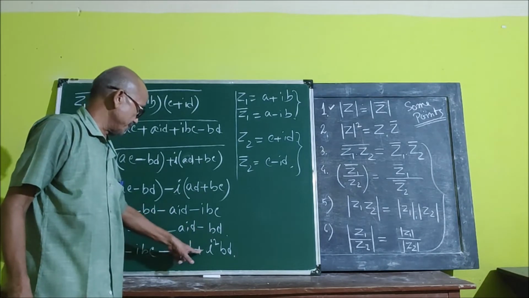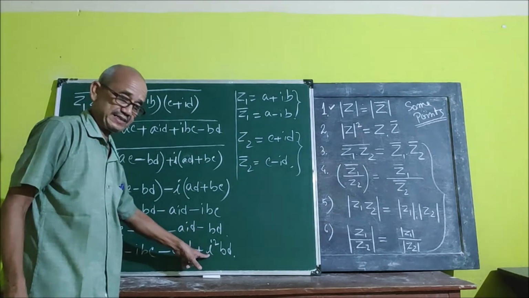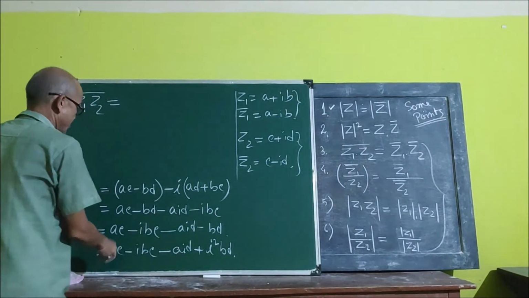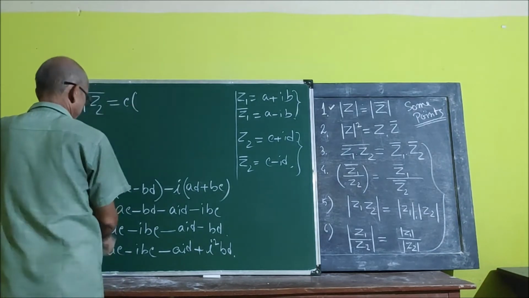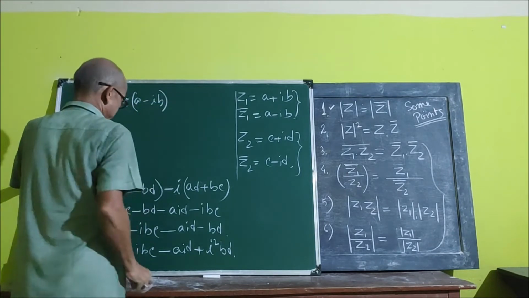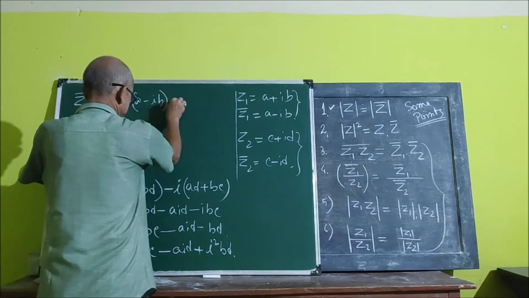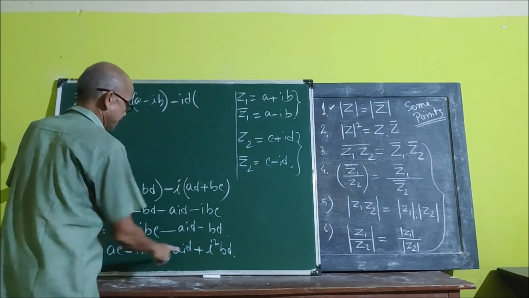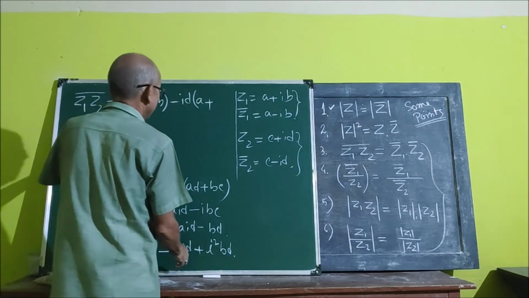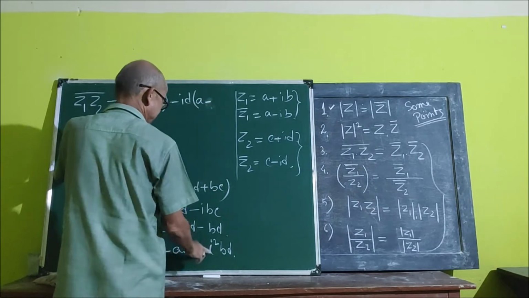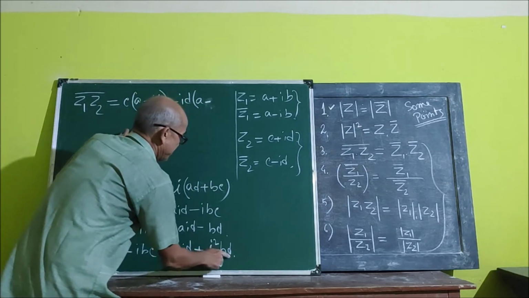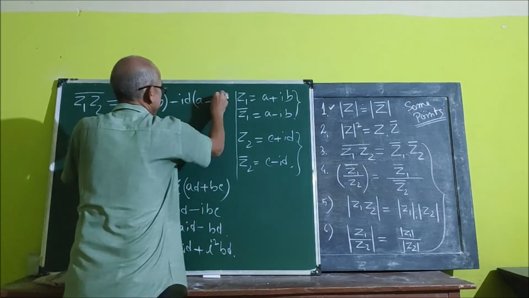Minus bd means plus i square bd, and i square means minus, so ultimately minus bd. Next, take c common: c times (a minus ib). Then minus id common: minus id times (a minus ib).